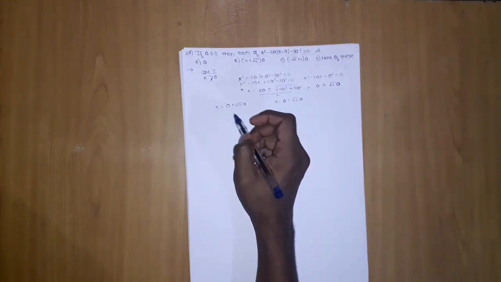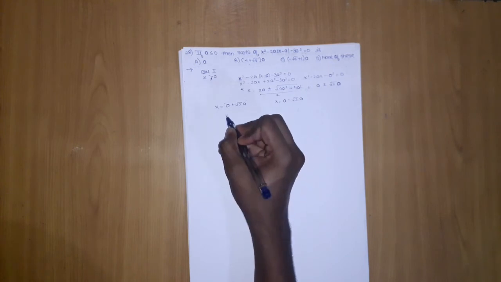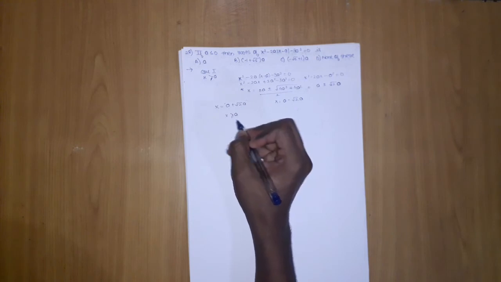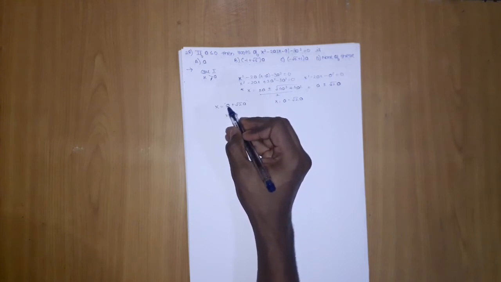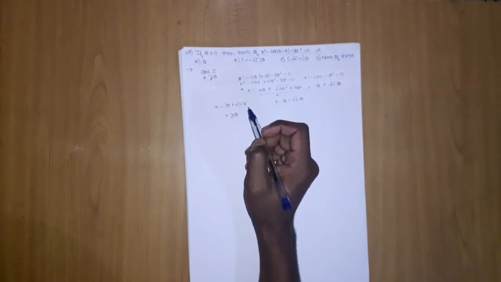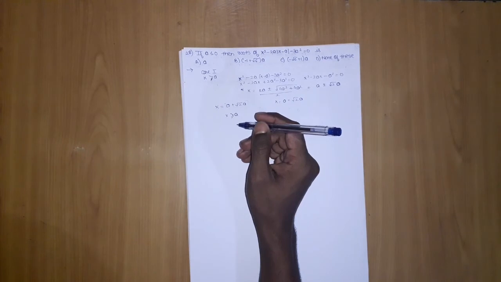If a is negative, then after adding this it will become more negative. So x cannot be greater than this, it should be less than. So the condition that x should be greater than a gets violated, since it is negative and this is also negative. These two negatives will add on, so the value becomes lower.